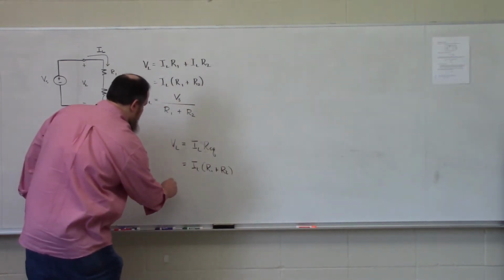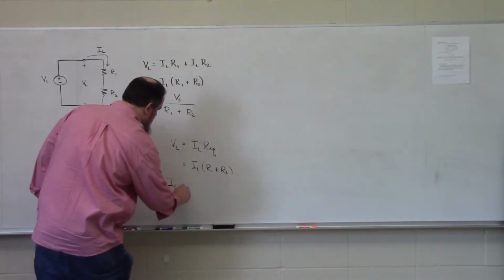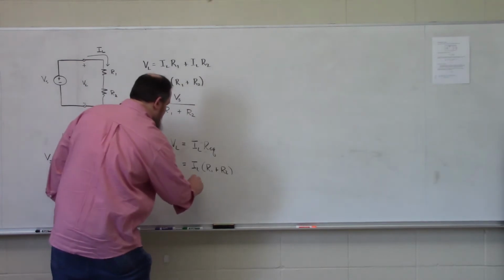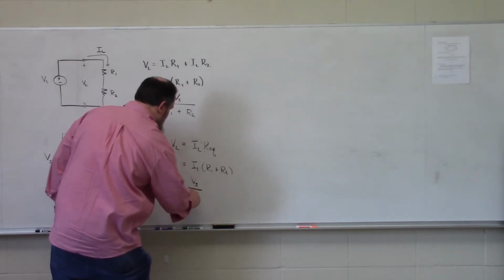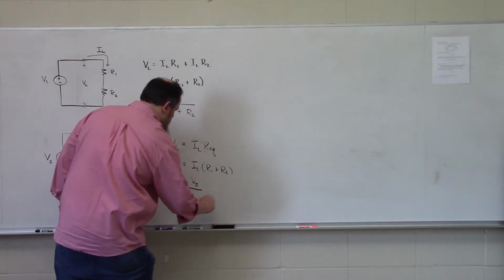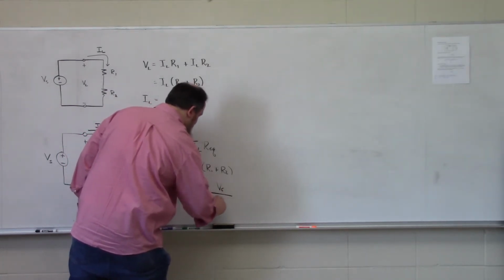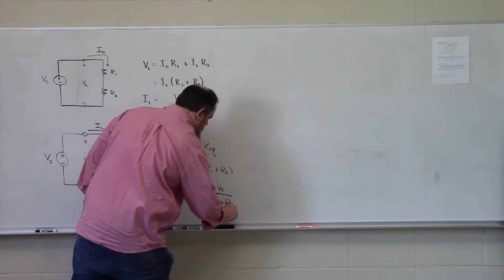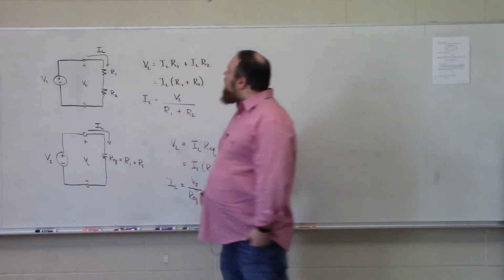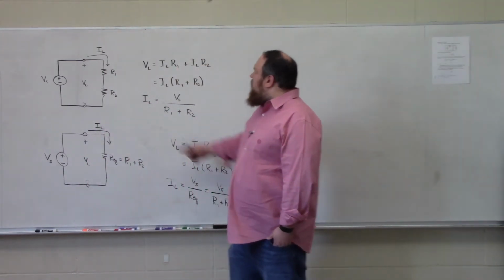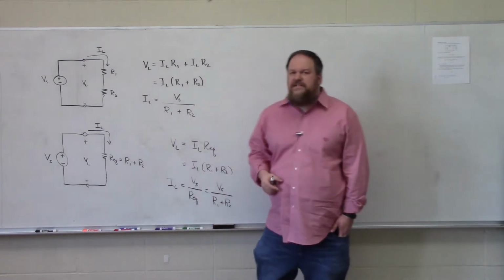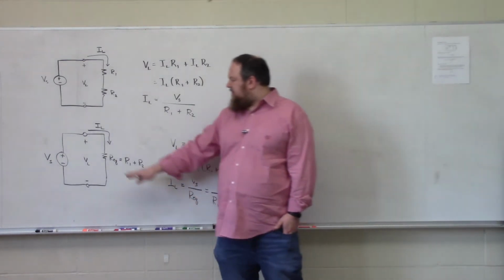And we can see that IL is Vs divided by Req, which is simply Vs divided by R1 plus R2. So the resistive network of two resistors in series has an electrical equivalent of a single resistance.